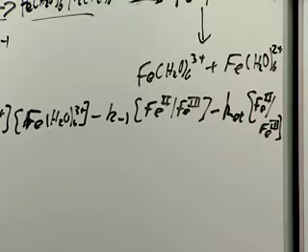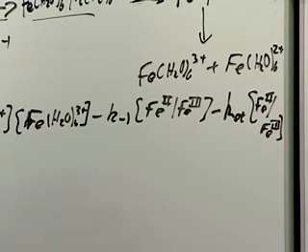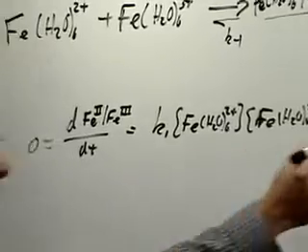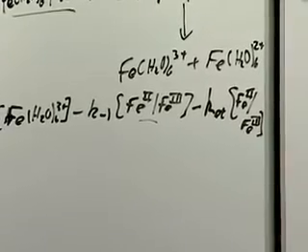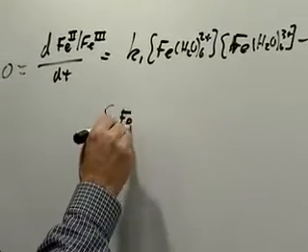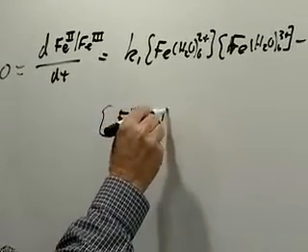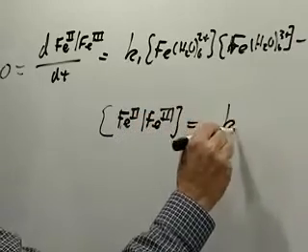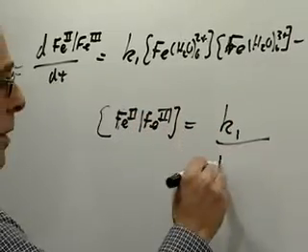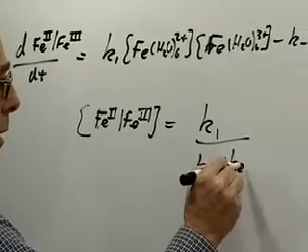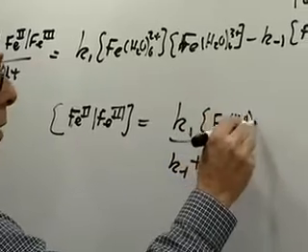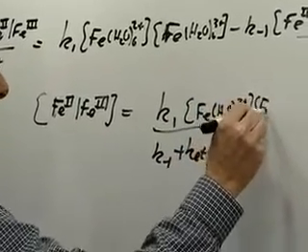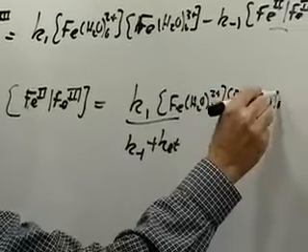Okay, and I can set that equal to 0. I solve for the precursor, and I get that [Fe2Fe3] will equal k1 over (k minus 1 plus kET) times [Fe(H2O)6 2+][Fe(H2O)6 3+].